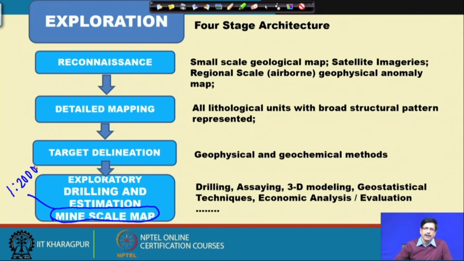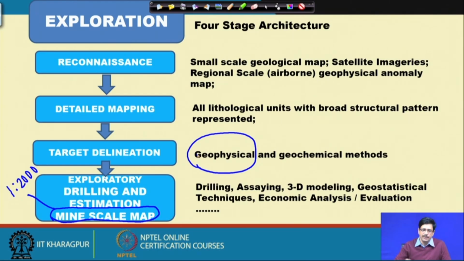Because even a success in the target delineation stage might turn out to be a failure when we actually try it, since most of the geophysical methods are quite indirect and based on the methodology we use for interpretation.